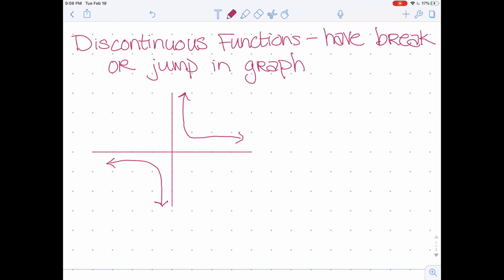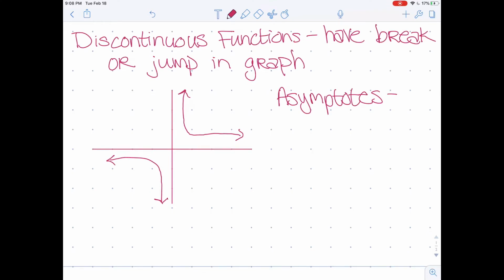Okay, so that brings us to asymptotes. Asymptotes are a boundary line that a graph of a function approaches but never crosses.